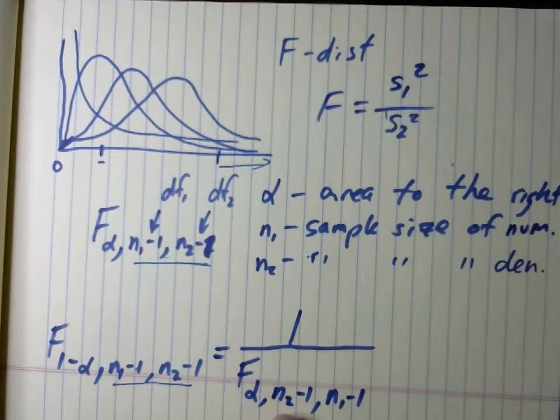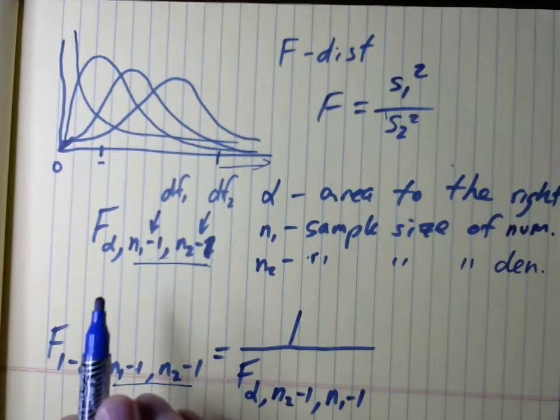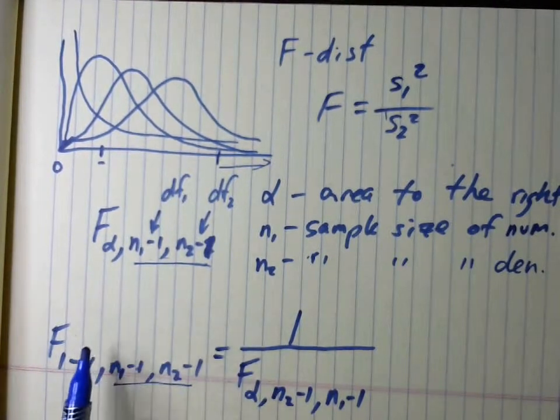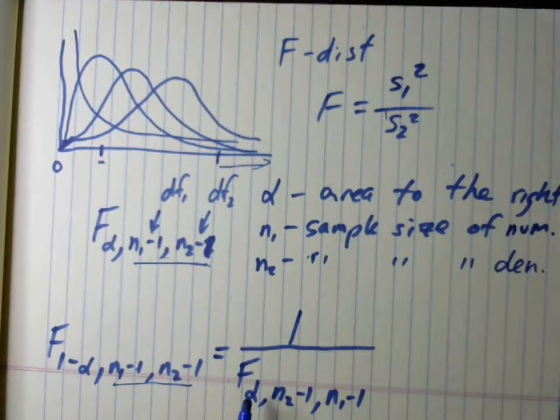So it switches, because the table only gives you really small alphas. If you want to look up 0.95, you have to look up 0.05, for example, switch these two around, and then take 1 divided by that to get the value.